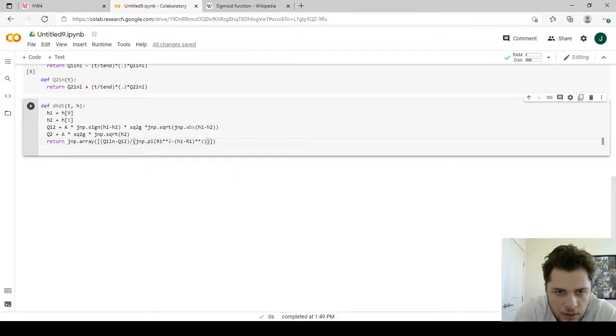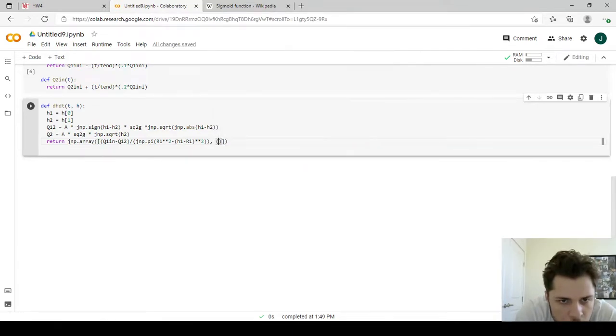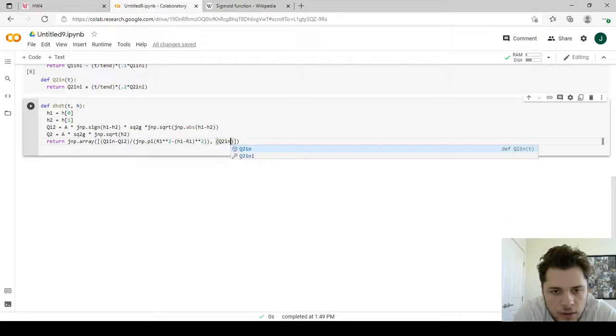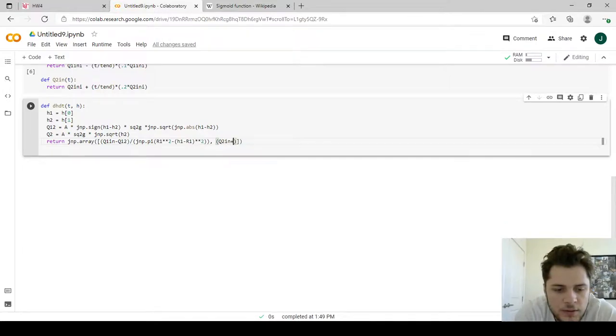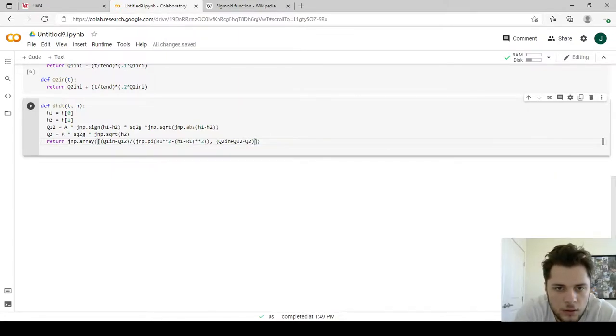So that will be for tank 1, and for tank 2 we have Q2n plus Q12 minus Q2. Might have way too many parentheses, and then divide that by the cross-sectional area.